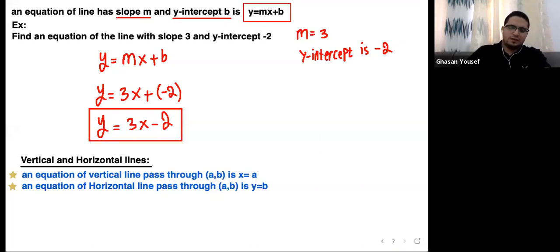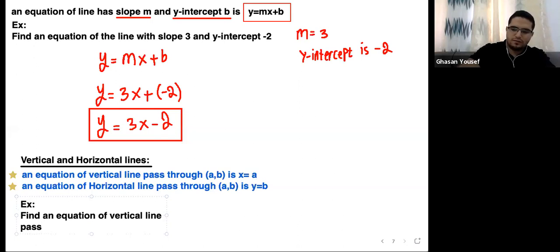Okay, I'm going to give an example. Find an equation of a vertical line passing through the point (3, 5).